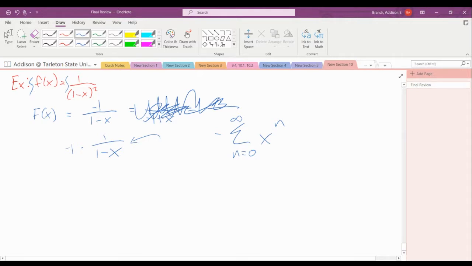So therefore, we're going to have to differentiate to get back to our original. This is like our big F. So now we're going to take our derivative. Therefore, f of x is equal to negative sum from n goes from 0 to infinity of n times x to the n minus 1.